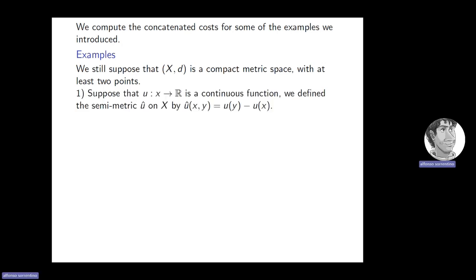Remember, if we have a continuous function u from X into R, we define the concatenated cost u hat, also a semi-metric, I should say, as u of y minus u of x.